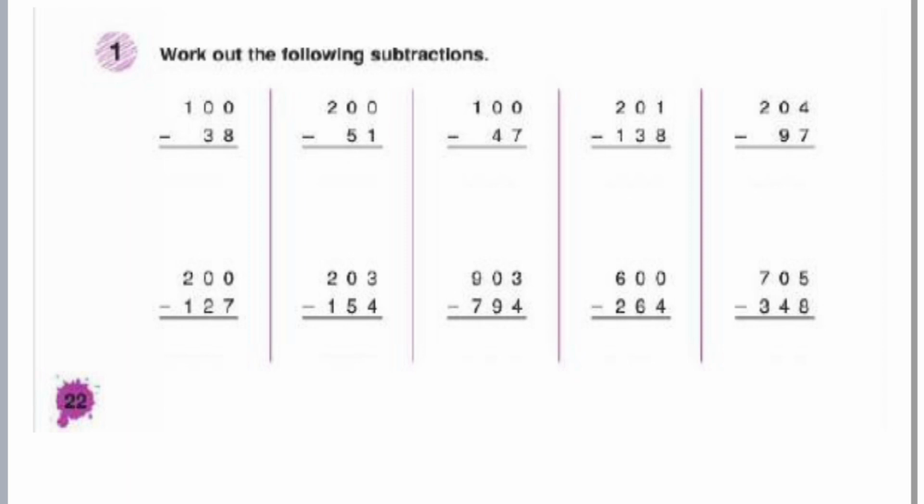So 0 minus 8, we can't subtract 8 from 0 because 0 is less than 8. So I tend to borrow from the tens digit, which is 0. But we can't, since 0 means nothing.